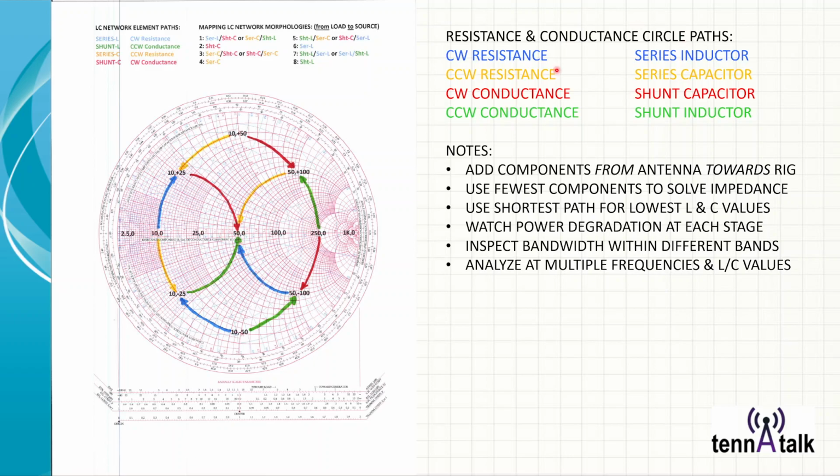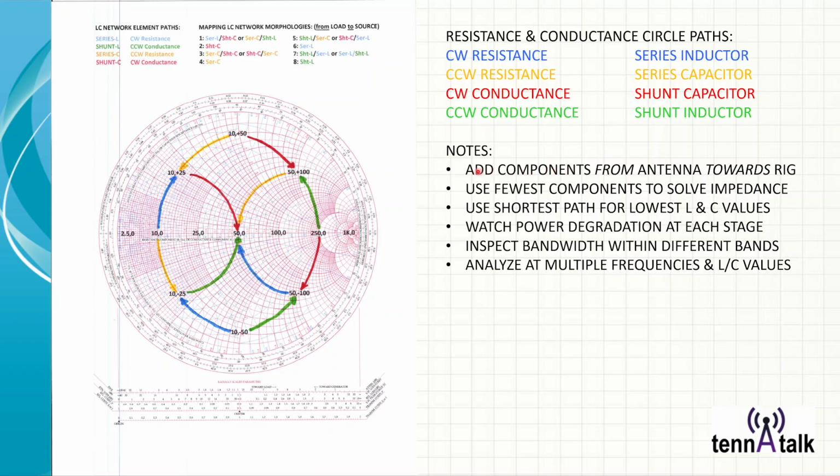Up here is a set of useful reminders of the circle path conventions in terms of whether you're operating on a resistance circle counterclockwise or clockwise, or you're operating on a conductance circle clockwise or counterclockwise, and what kind of device you use and what orientation you put it in.